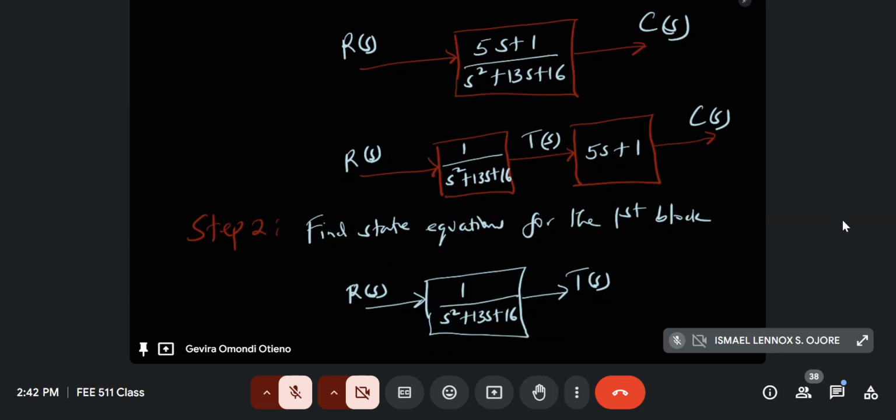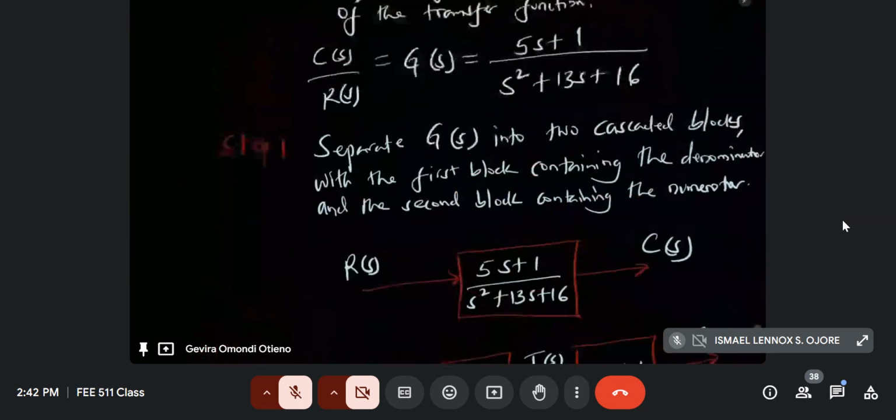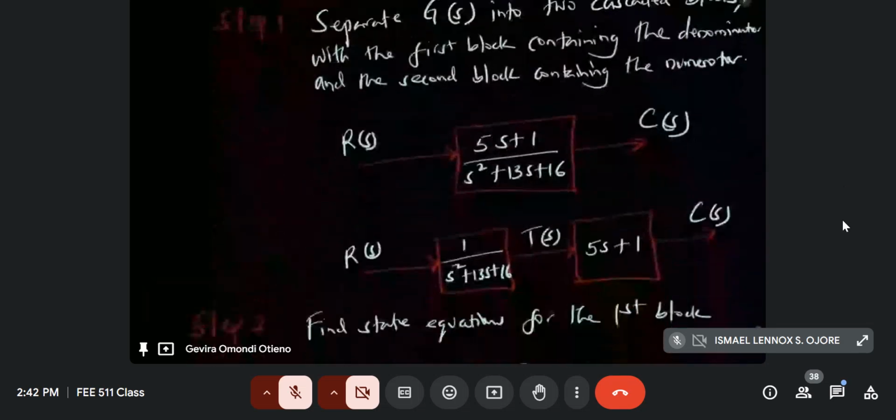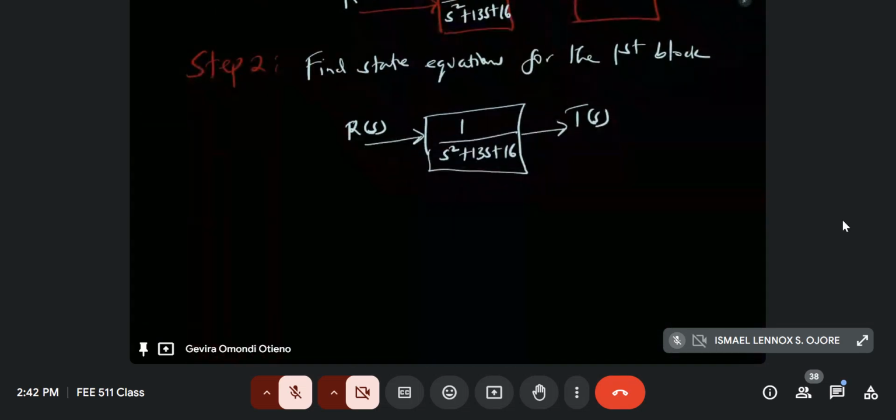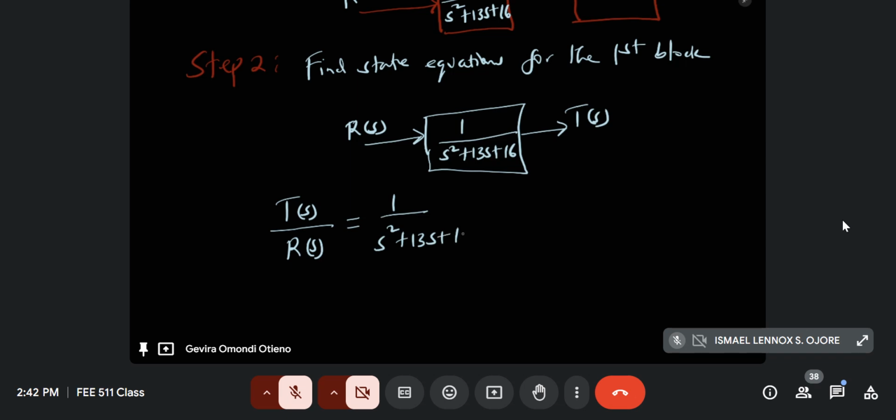So you have to go the long way, just like I did, but we've done the example up here, and because I don't want to skip things, you can now say, because you know the process, T of S over R of S equal to 1 over S squared plus 13S plus 16. Very simple. Okay?